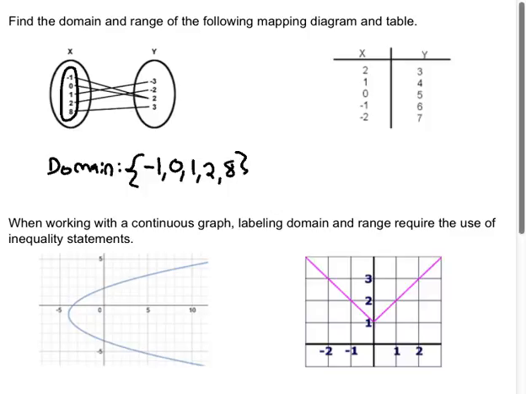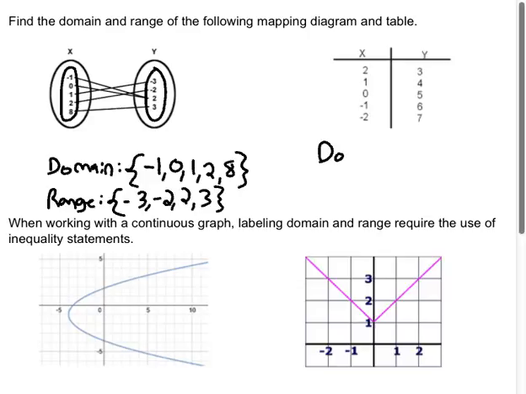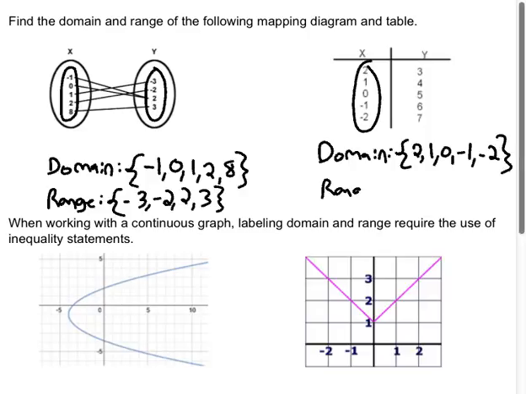So my domain, again, is all of my x's that I'm seeing, my range, all of the y values that I'm seeing. And same thing over here. Domain, even when I'm looking at a table, the x's make up my domain. And the range makes up my y values.